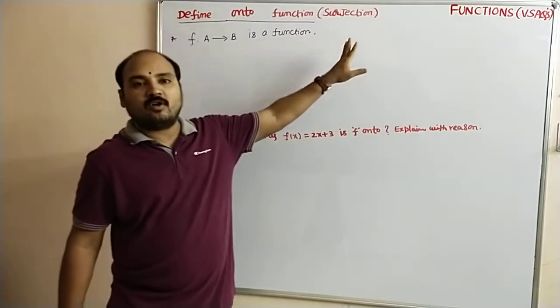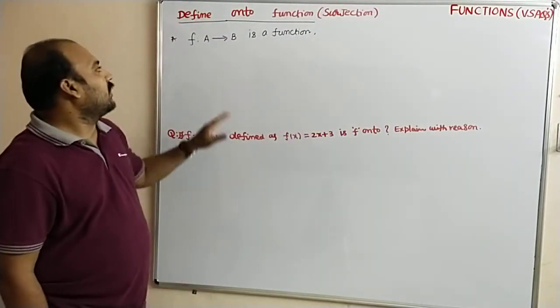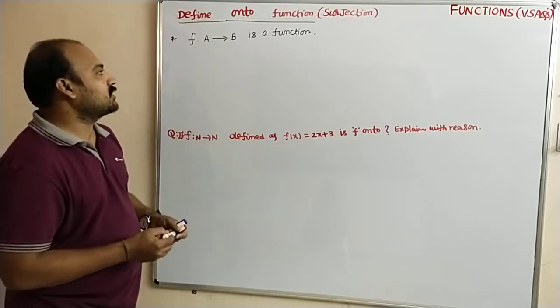Define onto function or surjection. f from A to B is a function.